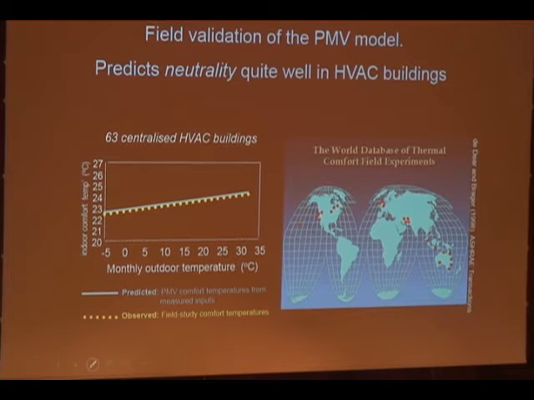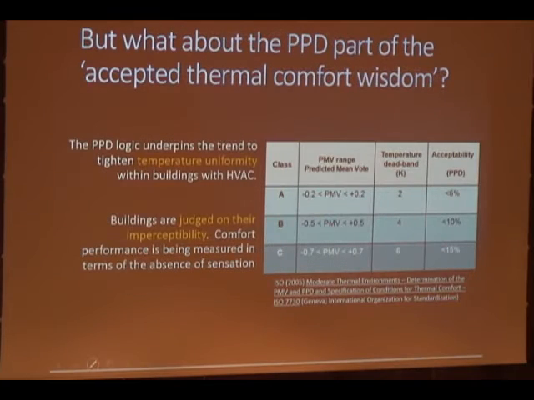So in terms of predicting the comfort temperature, the PMV PPD model does a reasonably good job. But what about the question of variability and predicted percentage dissatisfied? In some ways it is the key question of this presentation.